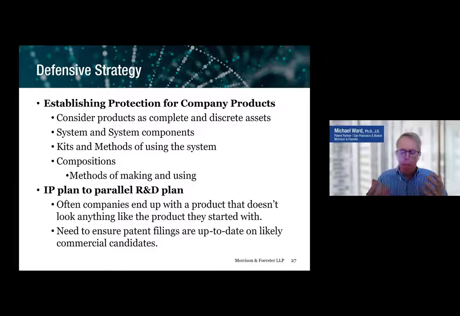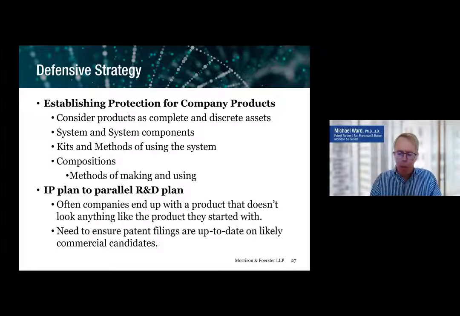You may have kits, things that you put together that work in conjunction. There may be methods, so you can get method claims that would protect it. You may protect the actual compositions. There may be some new chemical entity that you've identified. There may be methods of making that chemical entity. There may be methods of using that chemical entity, right? All of these things should be a part of your defensive strategy.